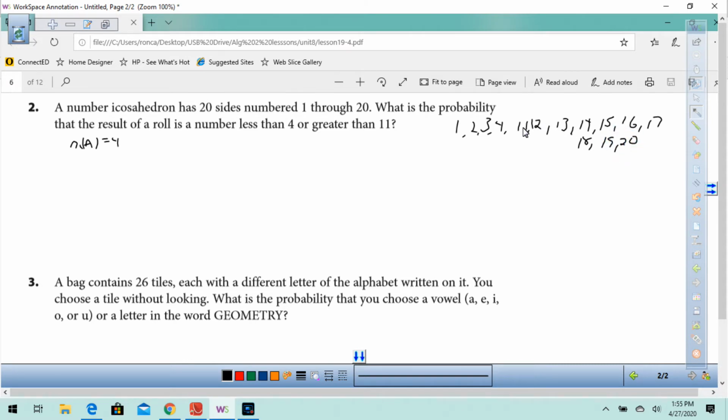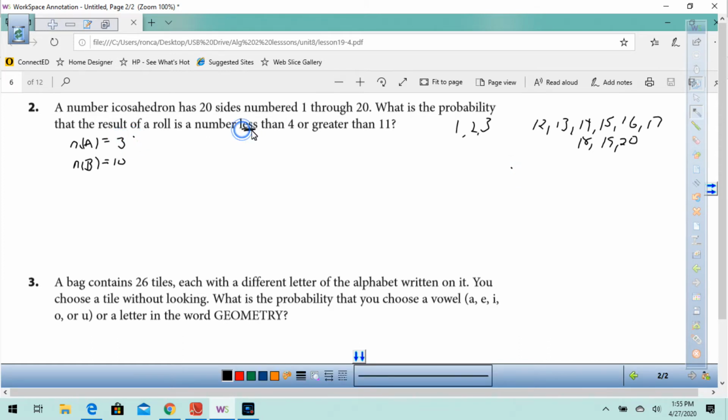And that's 1, 2, 3, 4, 5, 6, 7, 8, 9, 10. The number of B would be 10. Is that right? Let's see. 1, 2, 3, 4, 5, 6, 7, 8, 9, 10. Or greater than 11. Let's take one of those off. So that would be 12. Less than 4, we got to take one of those off. There's only 3.